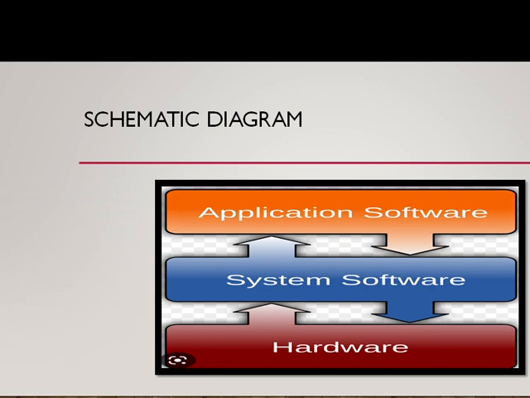System software acts as a bridge between hardware and also the application software. And the application software which is installed into the computers is used by the users. So application software is externally installed to the computer to make the computer run as the end user requires.